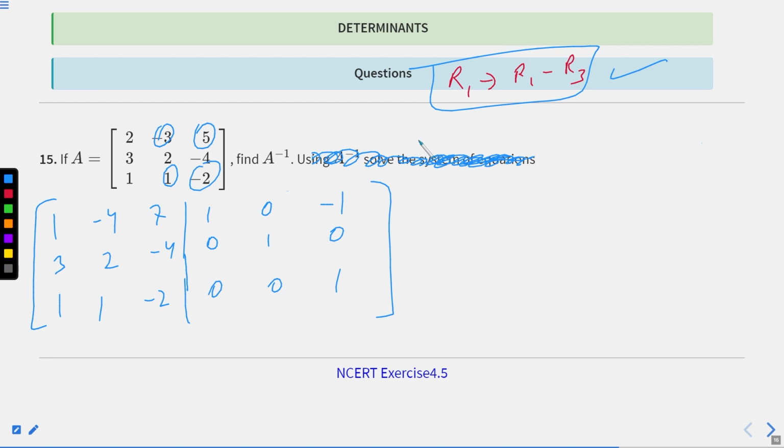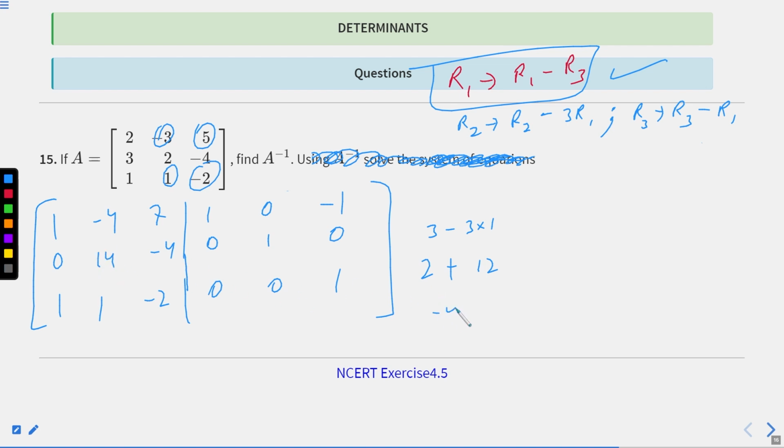So how will I get it? Quite simple. R2 will be R2 minus 3R1, and R3 will be R3 minus R1. So 3 minus 3 times 1, you will get 0. 2 minus 3 times minus 4, you will get plus 12, so 14.